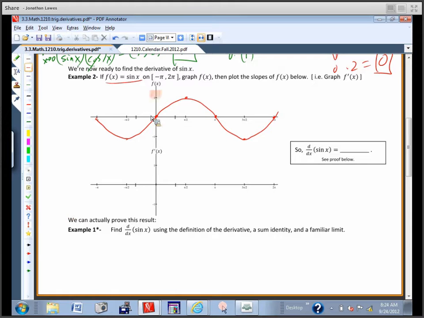These little marks here, this would be about 1 unit here, because that's about 1.5. Pi halves is 1.57, so it should be to scale. Okay, so this is the function, and down here we're going to graph the derivative, or the slopes of the function.